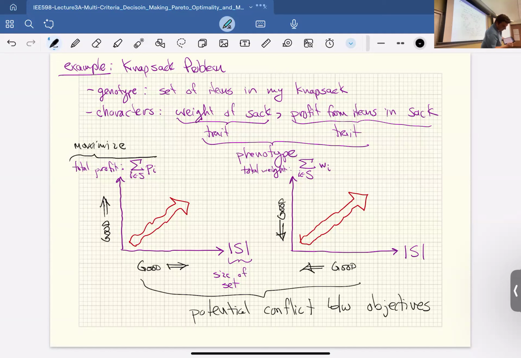All right, so how do you decide how many items to put in your knapsack? How do you solve this problem? What are some conventional ways that you might think to solve this problem? What was that? The mean of the average of what?